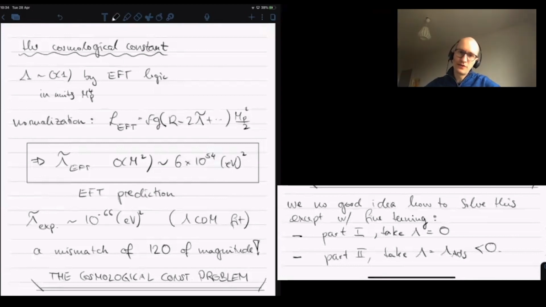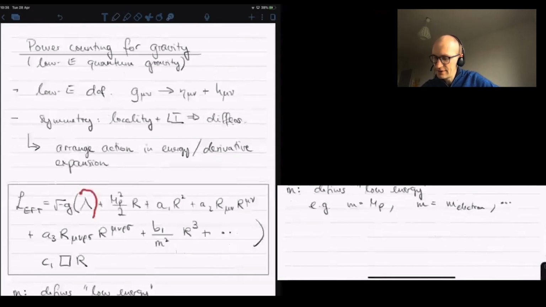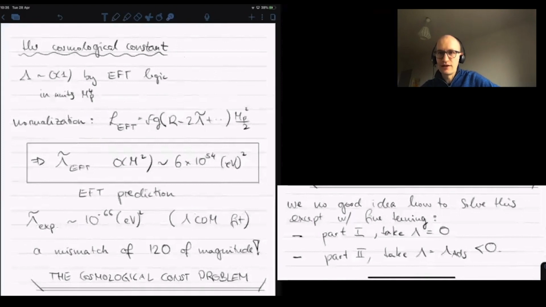But I just wanted to give that little discussion, because once you start writing down this EFT logic for a Lagrangian, then the most glaring thing is that you're basically immediately tuning away the most relevant operator. And okay, this is what we have to do, because otherwise we would be contradicting experiments by 120 orders of magnitude.